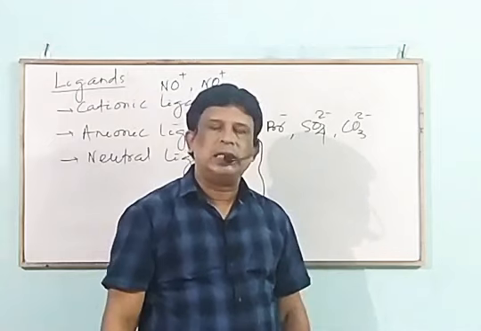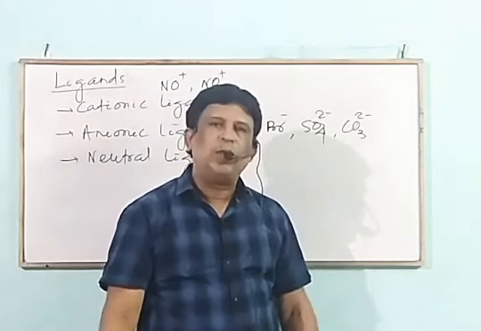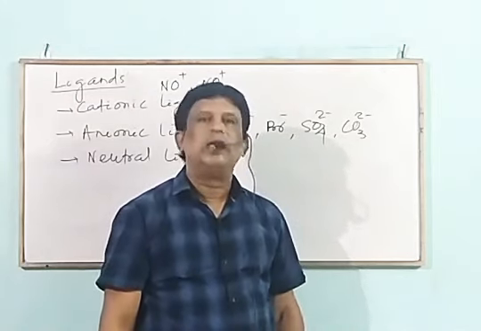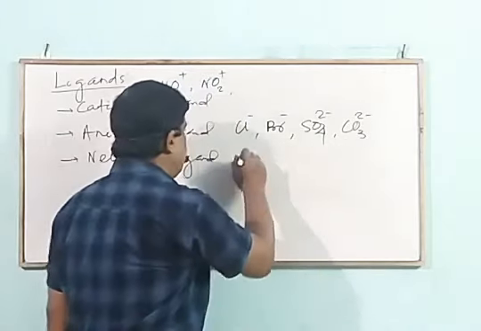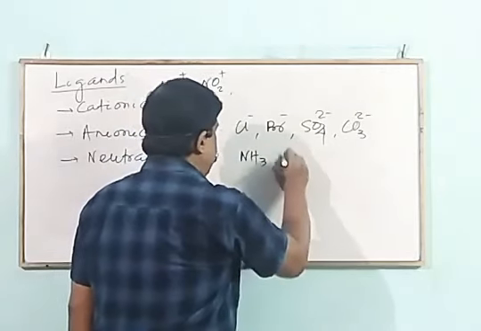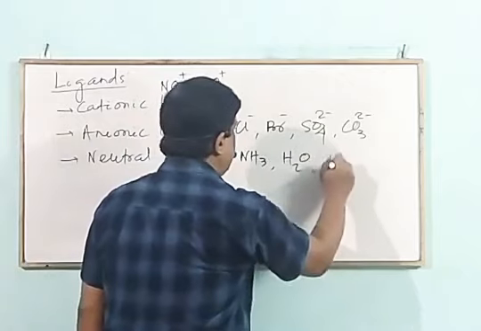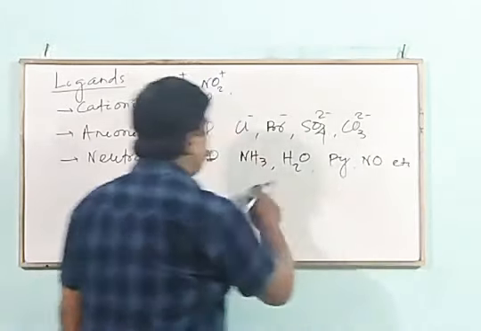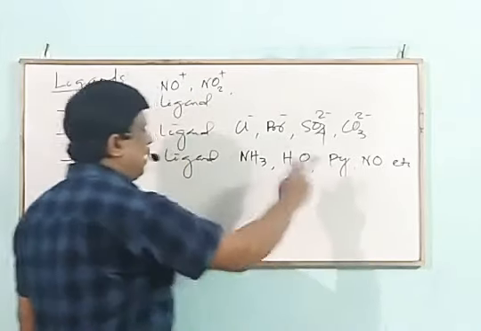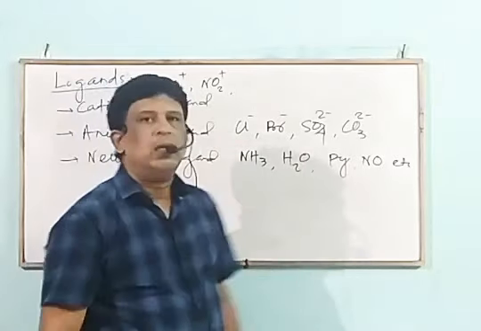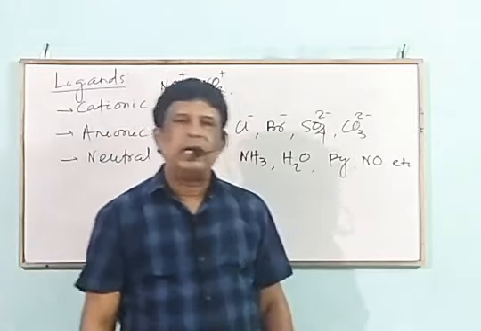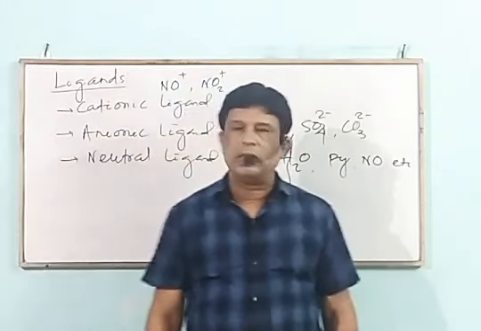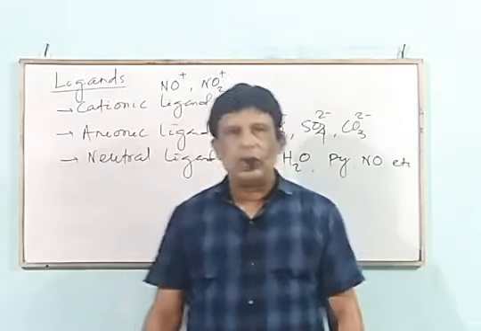If no charge is there and neutral molecules are there, then it is known as neutral ligand. For example, NH3, H2O, Py, NO: ammonia, water, pyridine, nitrosyl. These are neutral molecules that behave as ligands, electron-rich species, so they are known as neutral ligands.